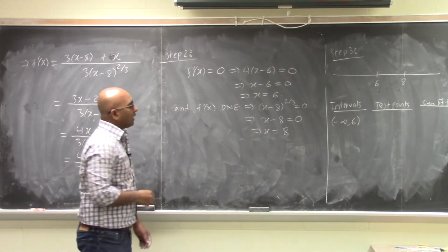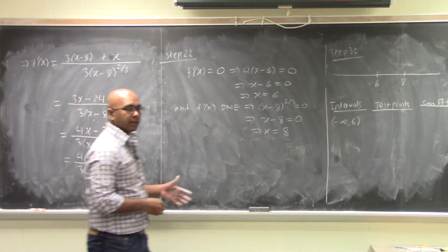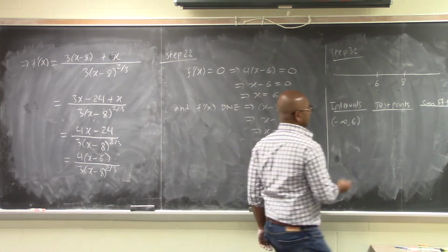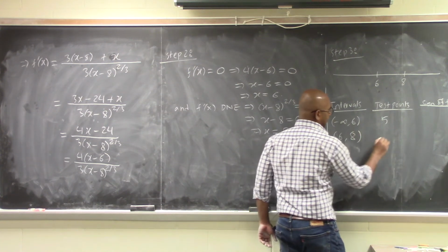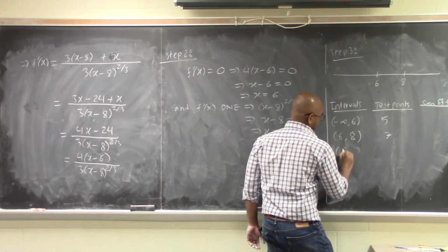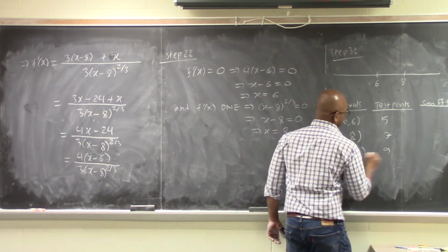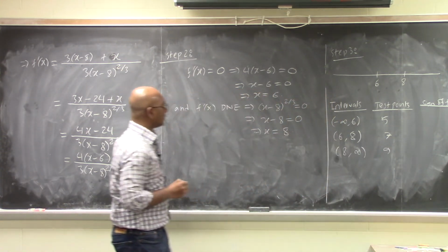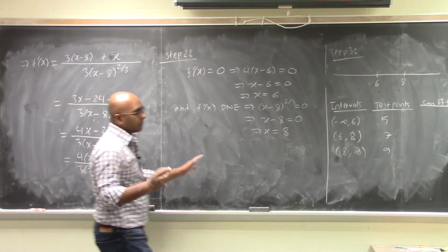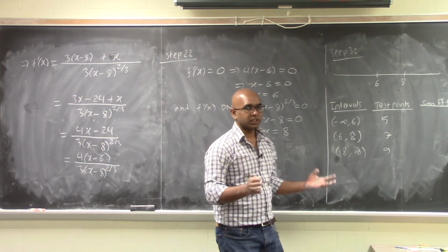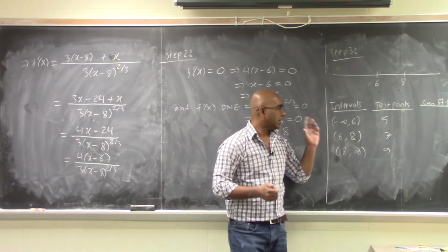Okay, so negative infinity to 6. What point can I plug in? 5. Okay. And then 6 to 8. Definitely the easiest point is going to be 7. And then 8 to infinity, we'll plug in 9. Okay, and then we are going to plug in. So yeah, I told you this, but I never emphasize this thing. Don't forget this.